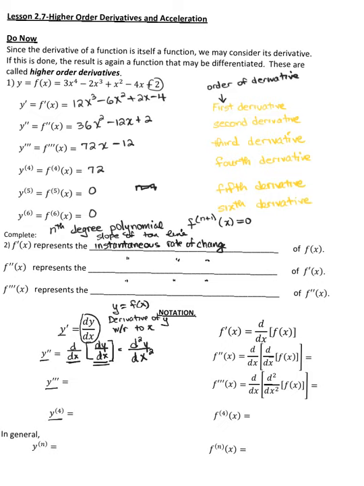It's almost like we're squaring the dy, but not. We're just finding two successive derivatives. So this is read the second derivative of f, or the second derivative of y with respect to x. The third derivative is the derivative of the second derivative. And we can abbreviate this as follows.